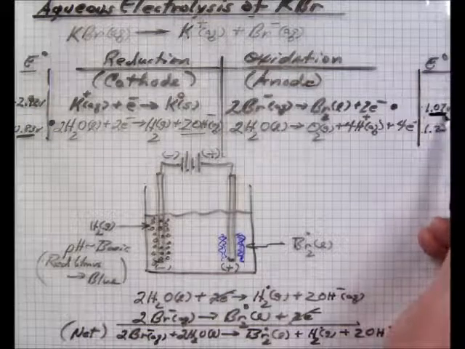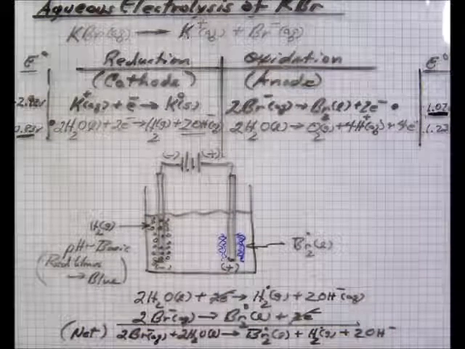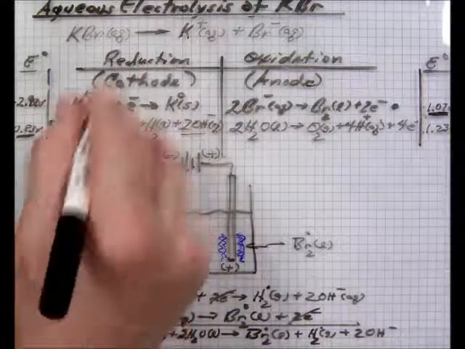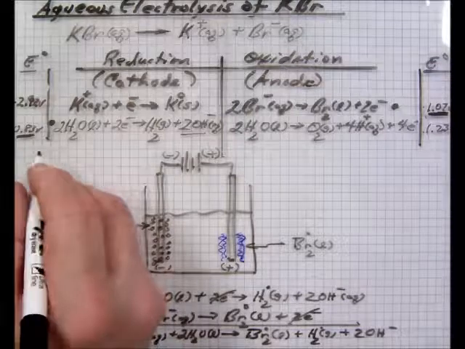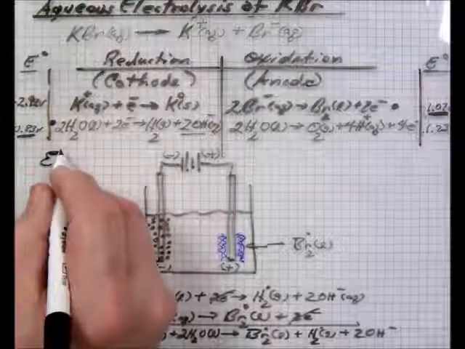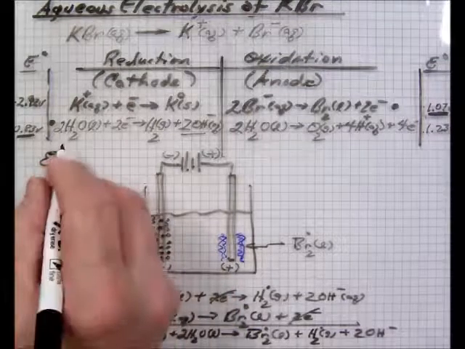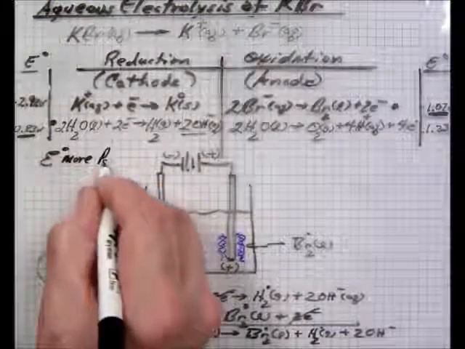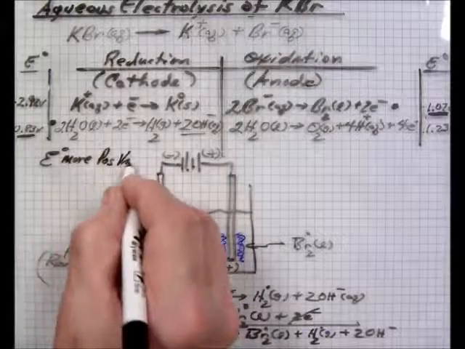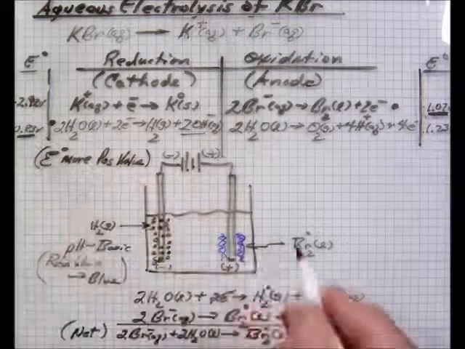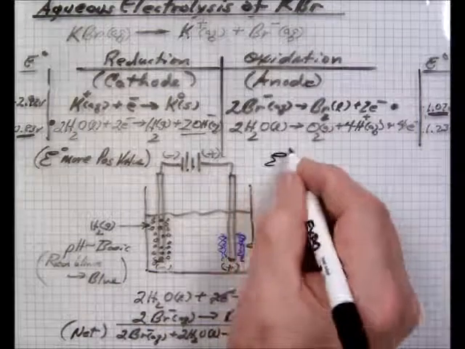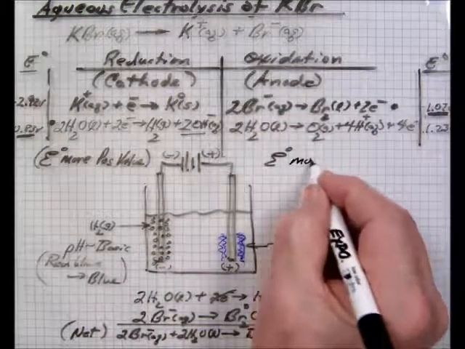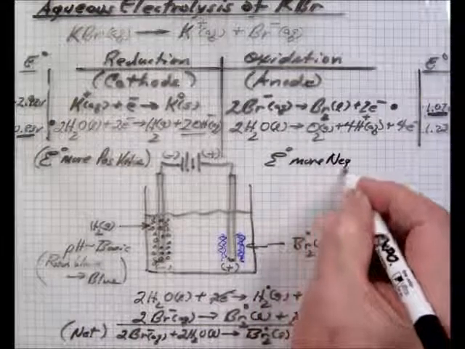So you see this one is a little closer to the negative direction. So over here at the cathode, again, the more positive value dominates, and on this side the electromotive force, or the reduction potential, would be the more negative value.